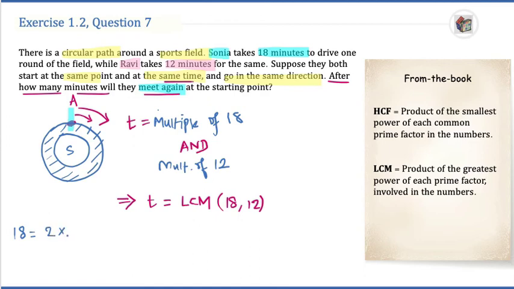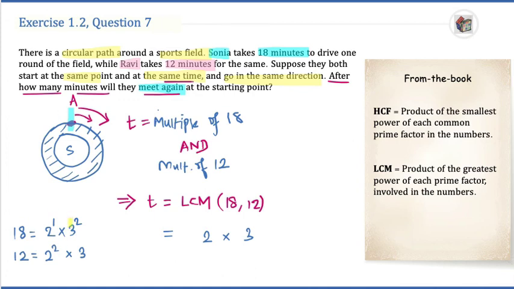So 18 is going to be 2 times 3 to the power 2 and 12 is going to be 2 to the power 2 times 3. Now when we find the LCM, we take each prime factor visible with its greatest power. So when you look at 2, the powers it has are 1 and 2. 1 in 18 and 2 in 12.